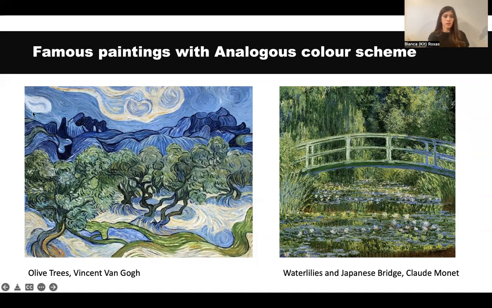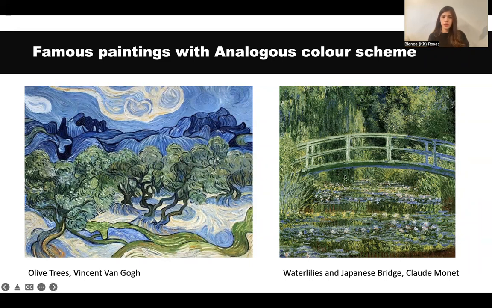This is the painting by Vincent Van Gogh, Olive Trees. He used yellow-green, and then we have green, blue-green, and blue. So he used mainly four colors that are next to each other on the color wheel.